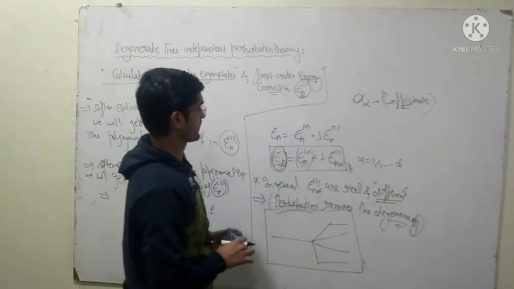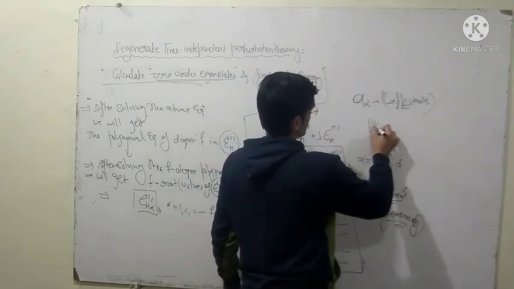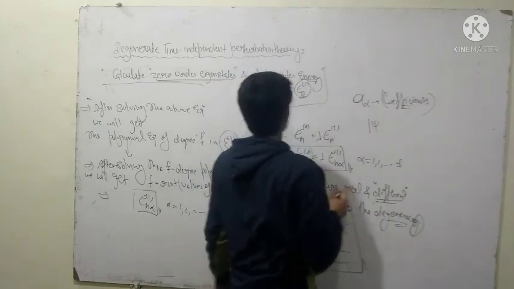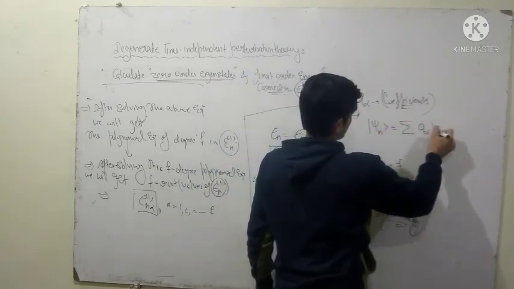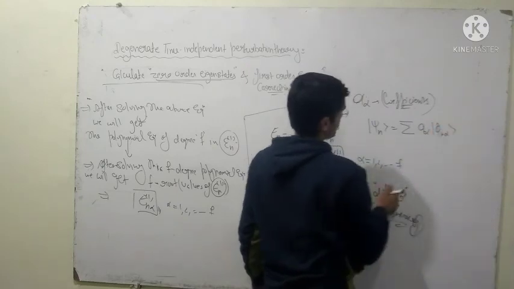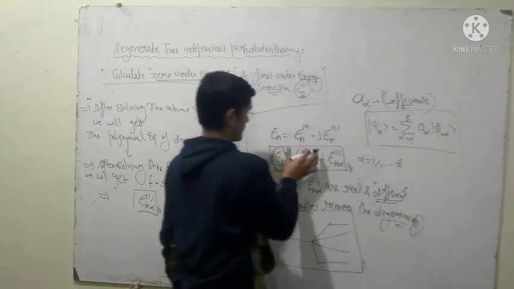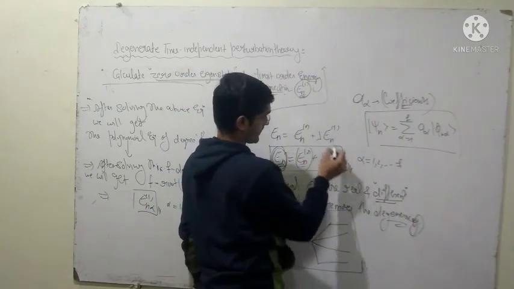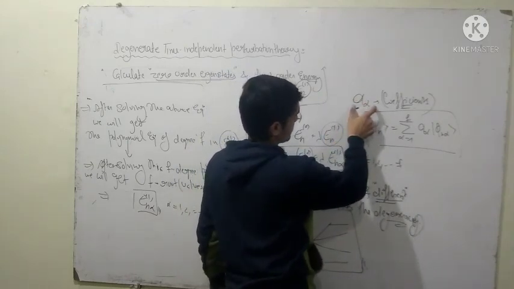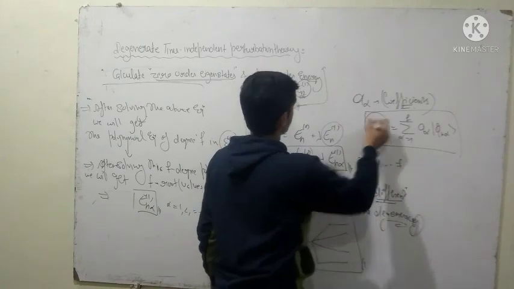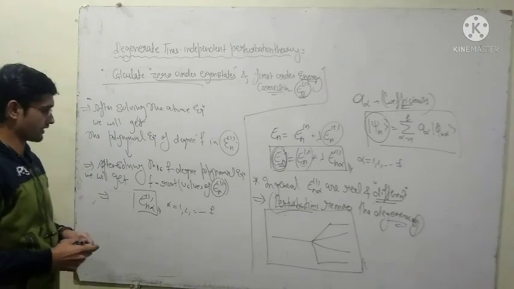If we know these quantities, then we can calculate the zero order eigenstates, which were like the sum of A alpha times psi alpha, with alpha from 1 to f. After solving the determinant from the previous equations, we know these quantities. With them we can calculate A alpha, and if we know A alpha we can write the zero order eigenstate. So this is what we want to do in this particular lecture.